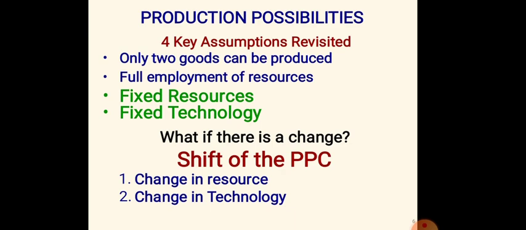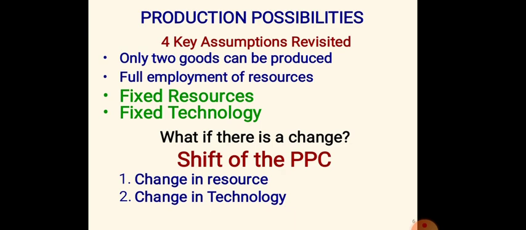Now, what happens to our PPC if we drop the assumption of constancy of resources and technology while retaining the two goods and fuller as well as efficient utilization of resources? We retain that but drop the assumption of constancy of resources as well as constancy of technology.